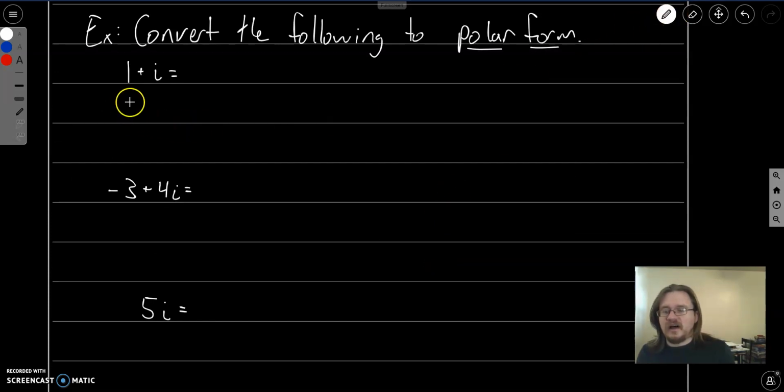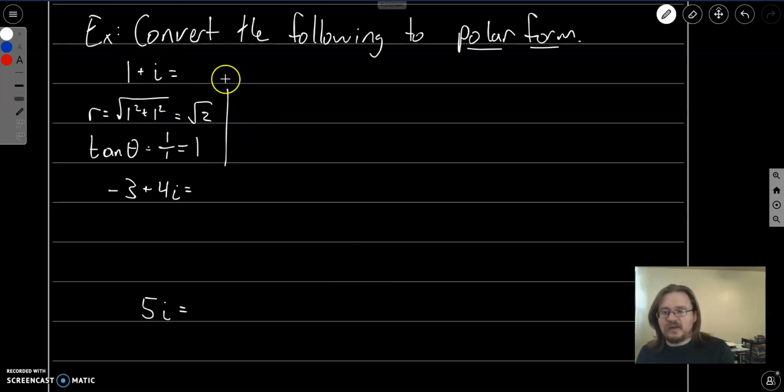So here, r is going to be the square root of 1 squared plus 1 squared. x is 1 and y is 1, so that's just going to be the square root of 2. And the tangent of the angle is going to be 1 divided by 1, which is 1.